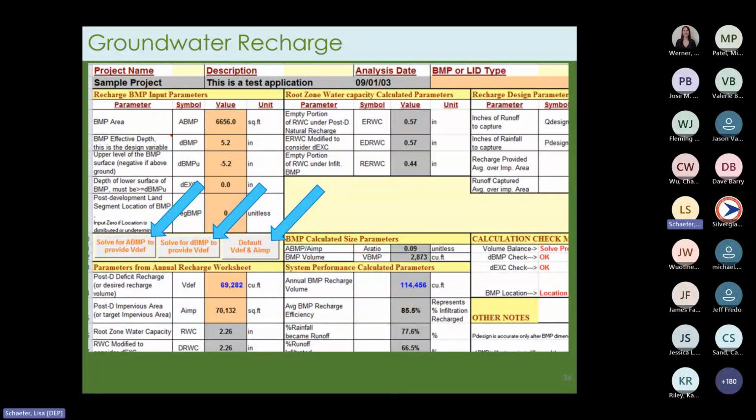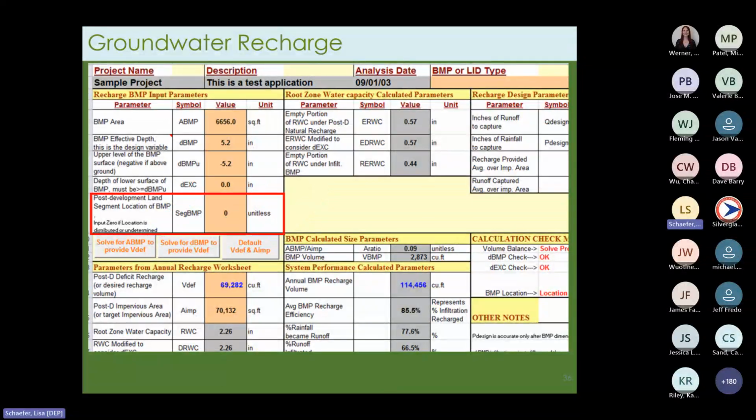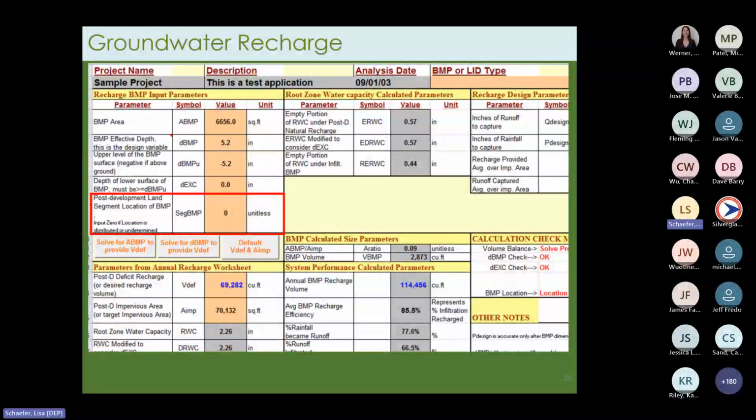Okay, so next, we're going to take a look at this red box, which is for the input to denote the BMP's location. Since each different soil has a different root zone, the soil at the location of the BMP will be an important factor to determine the amount of runoff in the BMP that can pass the root zone.